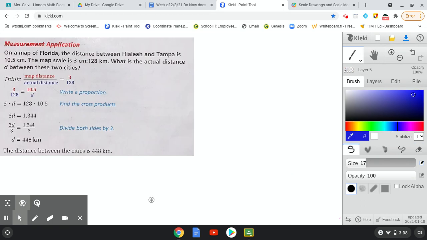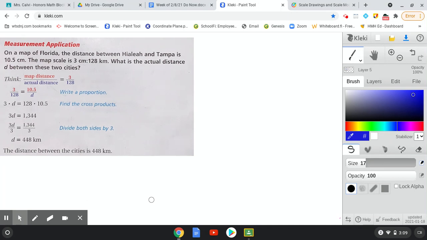Okay, our last example here, we're talking about if we are looking at a map, and if you've ever actually seen a paper map, they will give you a map scale and they will tell you that in this case, every 3 centimeters is equivalent to 128 kilometers in distance. So here it says, on a map of Florida, the distance between Hialeah and Tampa is 10.5 centimeters.